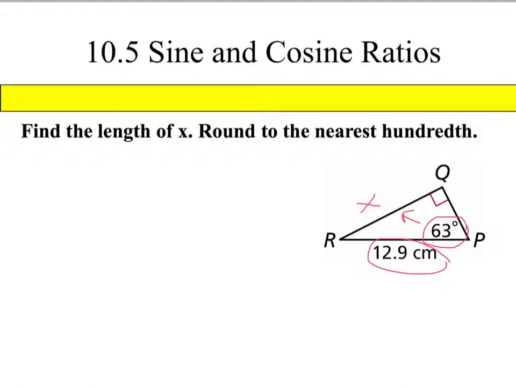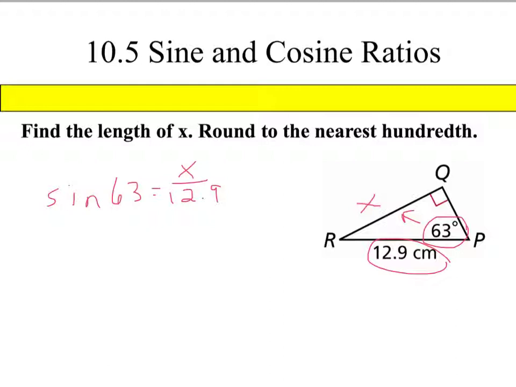I want to figure out my opposite side and I know my hypotenuse, so opposite and hypotenuse, I'm going to use sine. So the sine of 63, because that's my angle, is equal to x over 12.9.